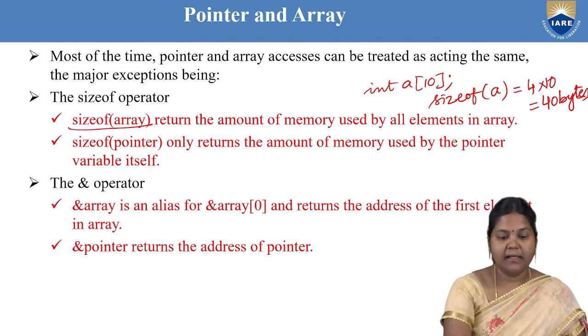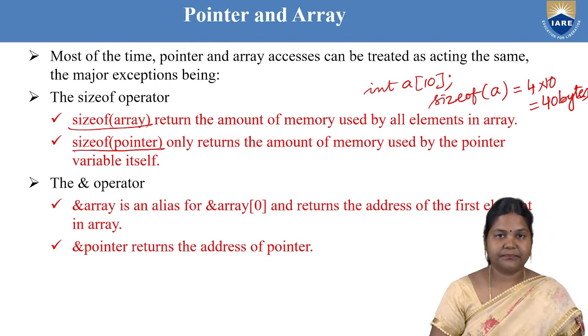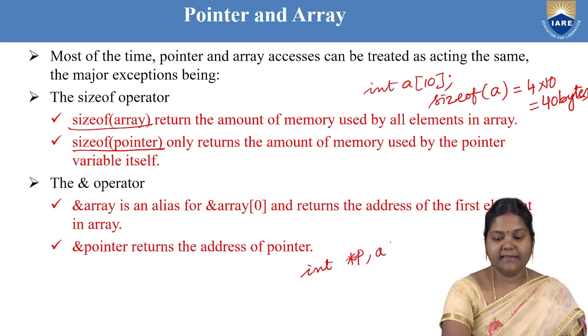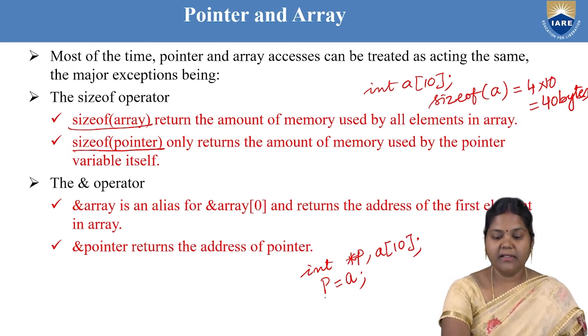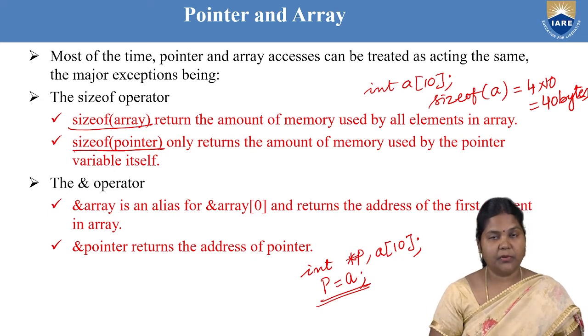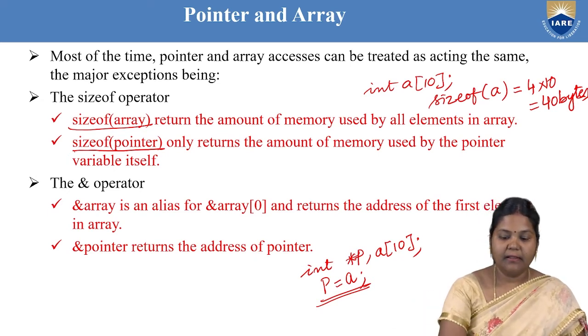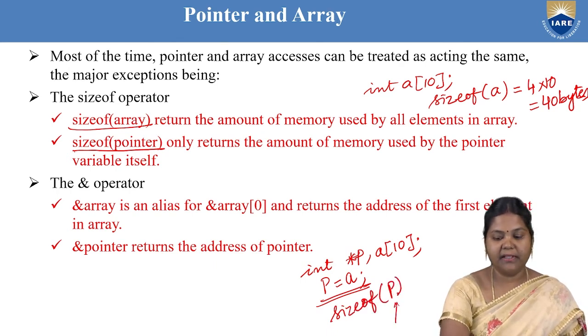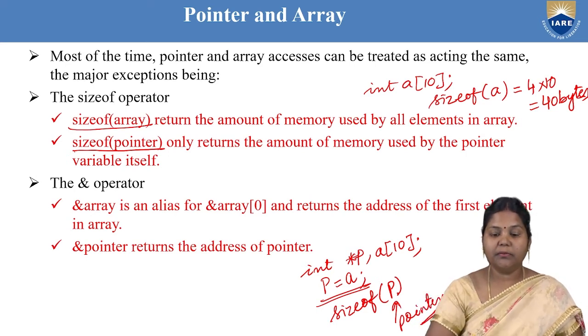But if you use sizeof on a pointer, suppose int *p is a pointer and A is an array of size 10. Now the pointer contains the address of the array. P is equal to A means the pointer contains the address of the array. That means the pointer is pointing to the starting address of the array. But if you find out the sizeof P where P is a pointer, then it will only return the amount of memory required for the pointer variable itself.